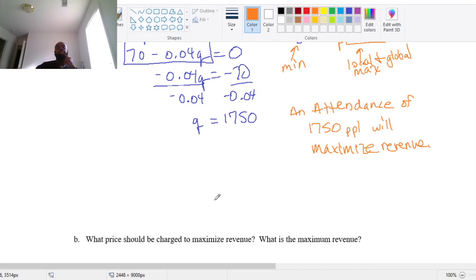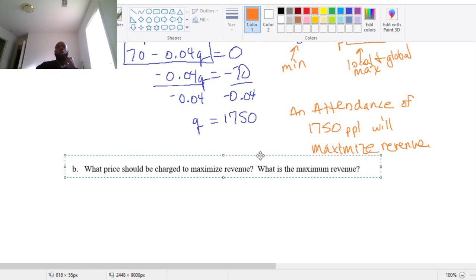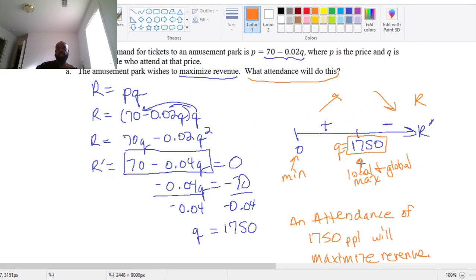Part B, what price should be charged to maximize revenue? Well, if we know the quantity of people that should maximize revenue is 1,750, and we have our demand equation, all we have to do is substitute that 1,750 in for Q in our demand equation, and we get the price.